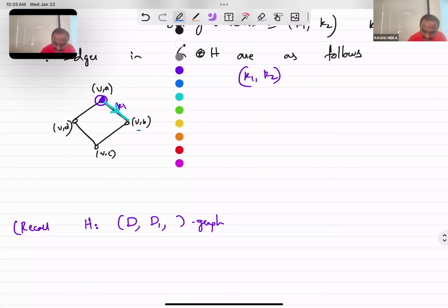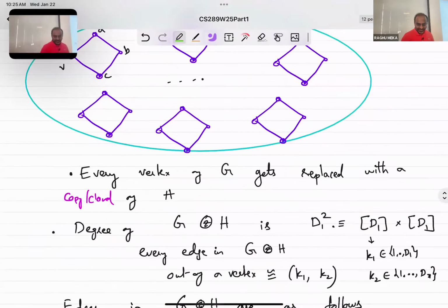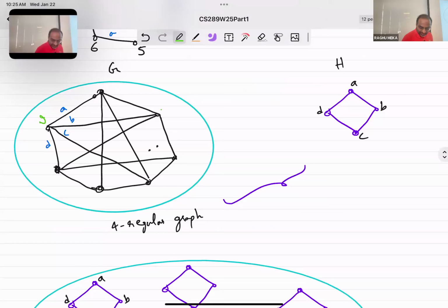So now I'm going to take an across cloud step corresponding to the edge with label B out of vertex V in G. It's like saying if I'm here at V, maybe this is U, right? If I take edge label B, I go to U. So I'm going to the cloud corresponding to that vertex.